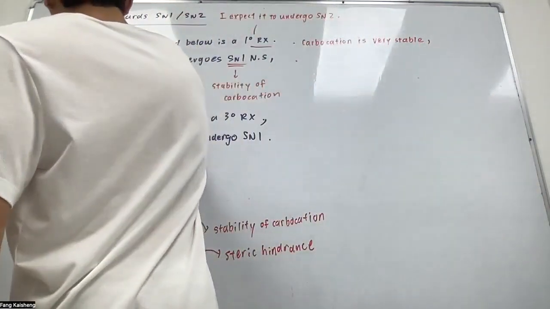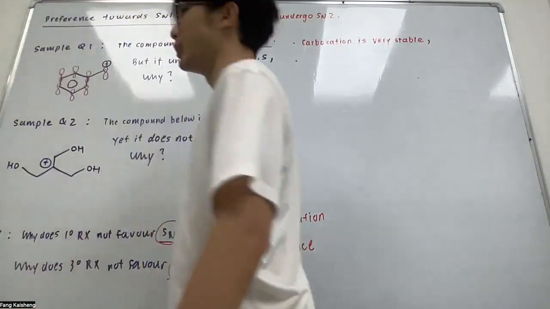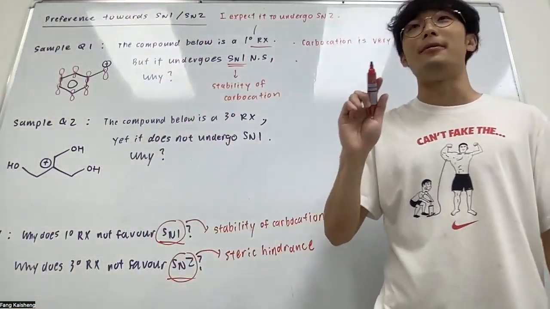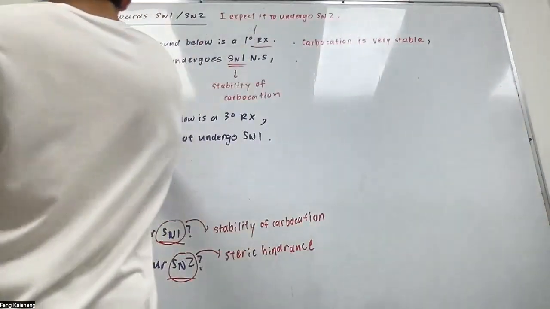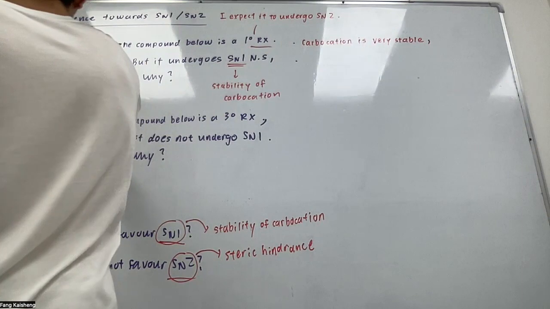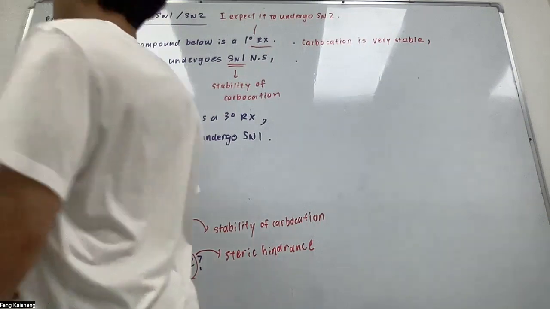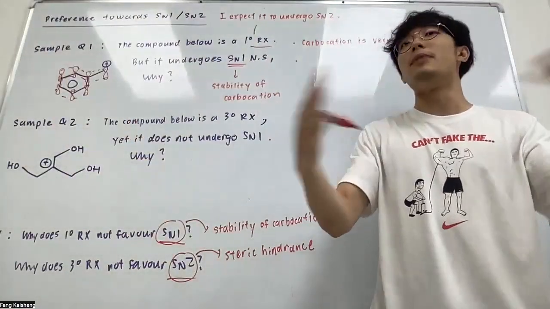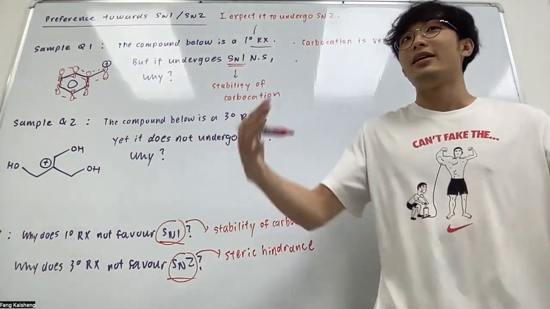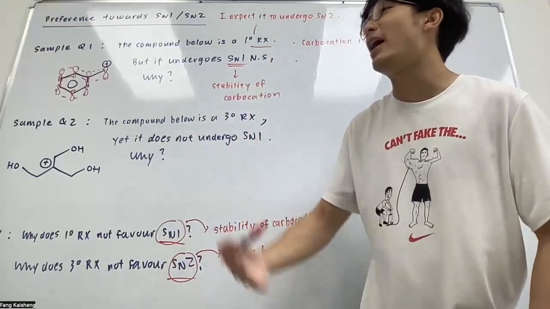Remember, the p orbital is in this carbon also. It's directly beside the benzene, so the p orbital of the carbocation will overlap with the one in benzene. Now that they're all connected, imagine they're all connected as one family. Now that they are family, they can share electrons.